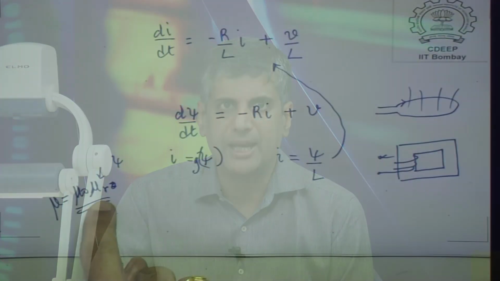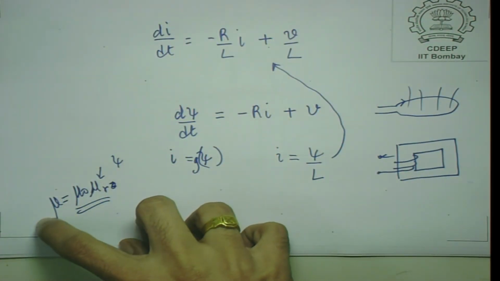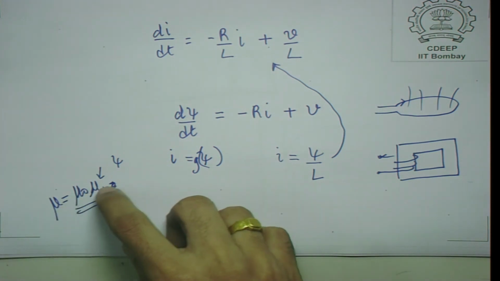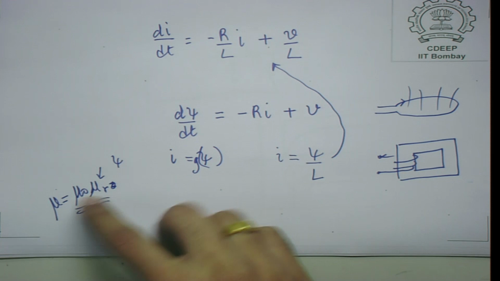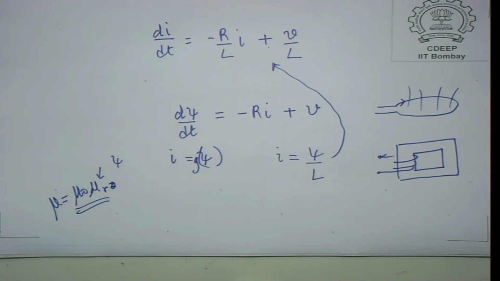So, we take this into account in a very approximate way by using mu instead of mu naught, and mu is in fact mu naught into mu r, and mu r is a large value. Usually for steels it could be of the order of 1000 or more.